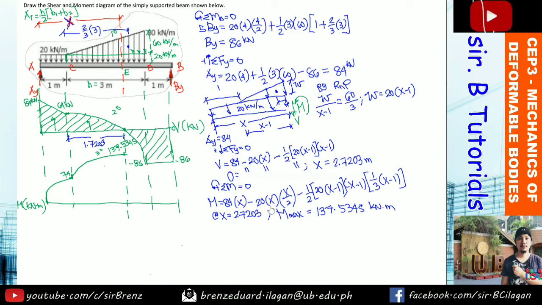So minus 20 times 4 squared divided by 2. And then minus 1/2 times 20 times the quantity of 4 minus 1 cubed. Kasi tatlo yan, divided by 3. So the answer there is 86.